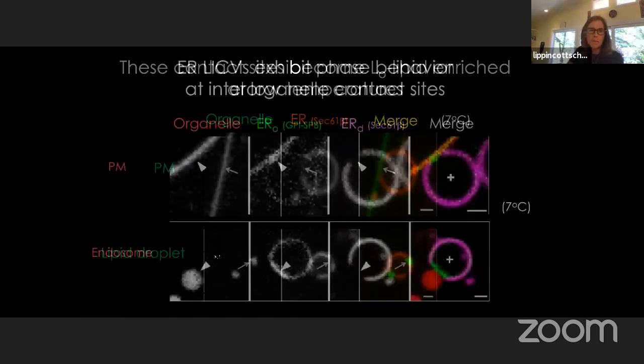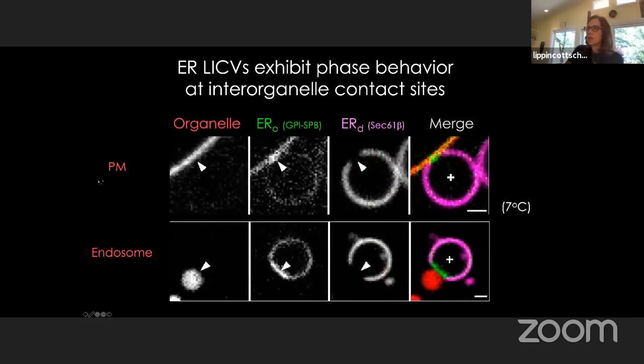We also see, and this is just showing it with an ER liquid ordered like probe, the GPI anchored molecule that we've trapped in the ER so that we can label the ER with this ordered probe. So here's your plasma membrane, here's the ordered ER probe, disordered ER probe, and you can see this kind of segregation.